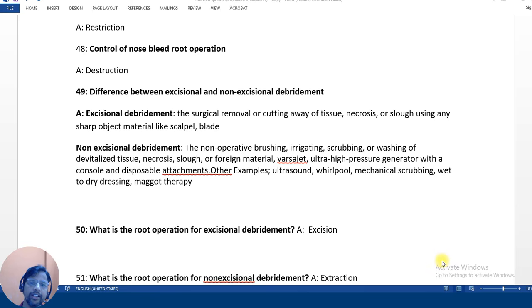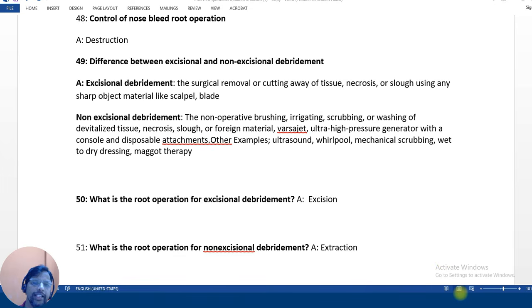Destruction. So what is the difference between excisional and non-excisional debridement? Excisional debridement is the surgical removal or cutting away of necrotic tissue, slough using any sharp objects like a scalpel or blade. So what is non-excisional debridement? Here the physician will not use any type of scalpel or blade.